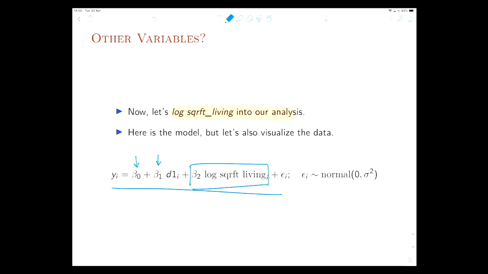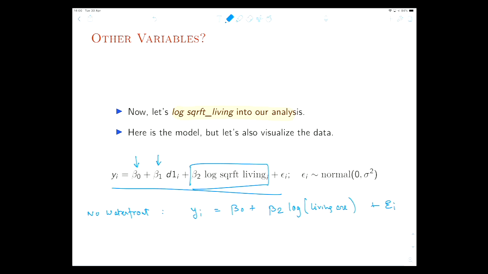So in a sense, what we see here is that if you have a non-waterfront property, meaning D1 would be equal to 0, for a no waterfront property your model is yi equals beta 0 plus beta 2 log living area plus epsilon.